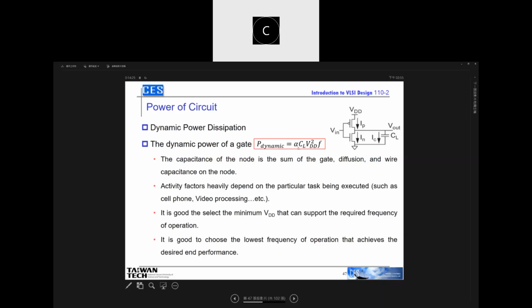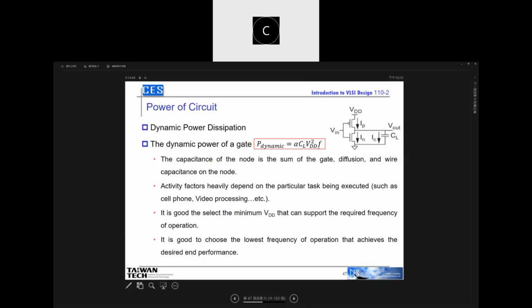And so if we don't look at alpha, because that's a probability and application specific, and if we don't look at CL, because that's mainly related to the manufacturer, then we have two factors, F and VDD, right?